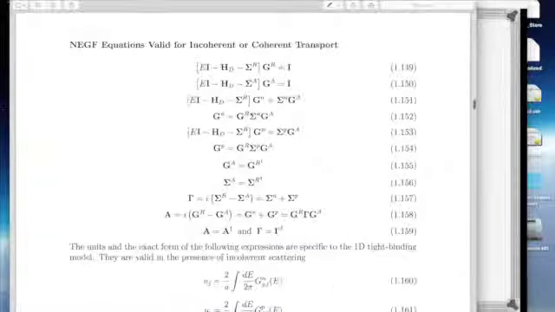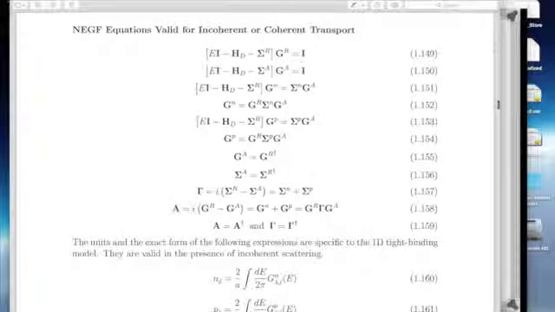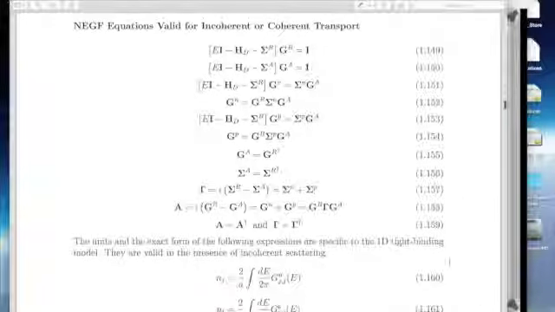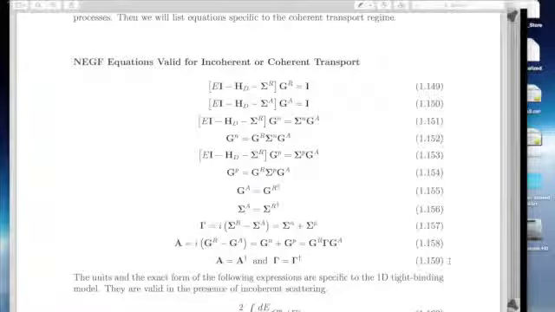And right at the end of the chapter, I summarize them all. Even though the derivations were simple, limited to 1D chain models and purely coherent transport, the final form of the equations that we calculated are actually much more general than their derivation.